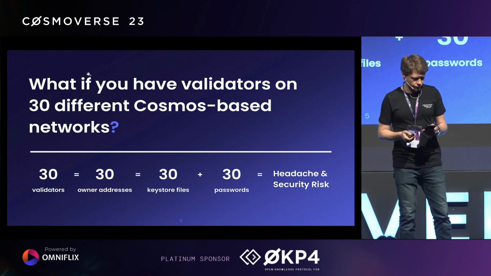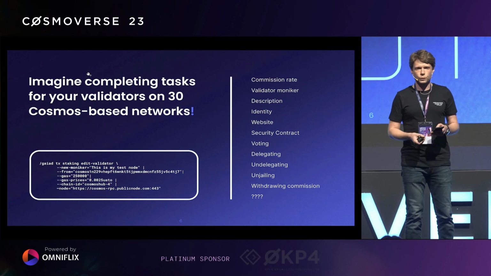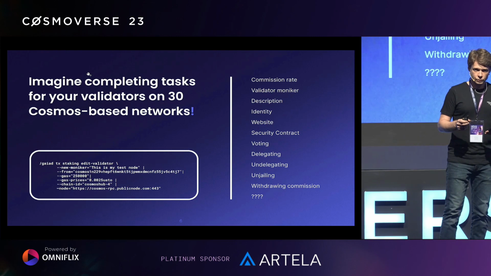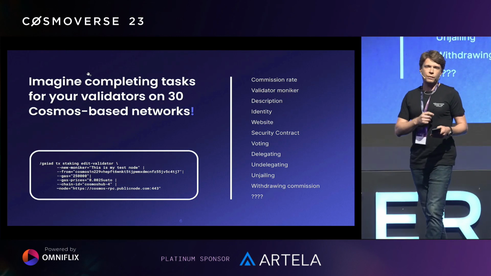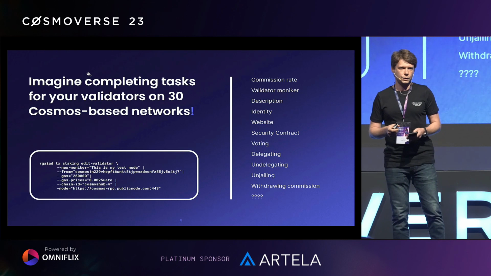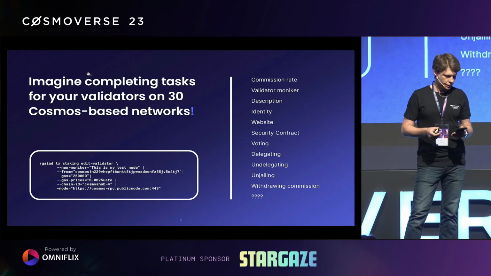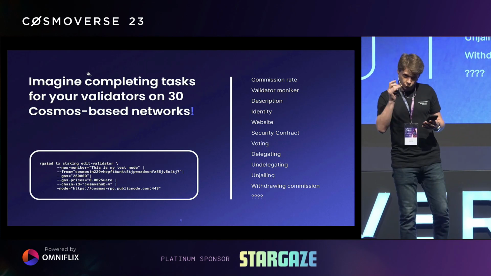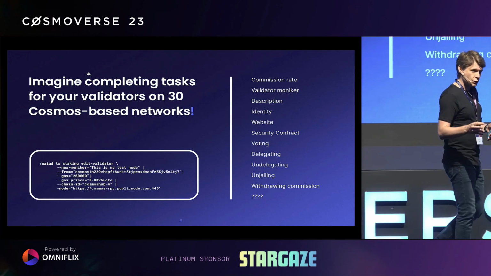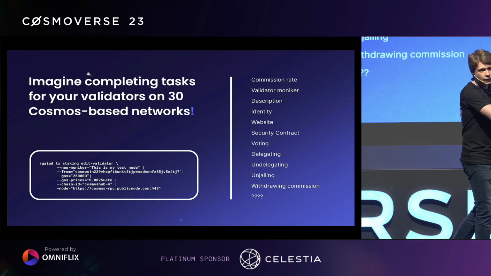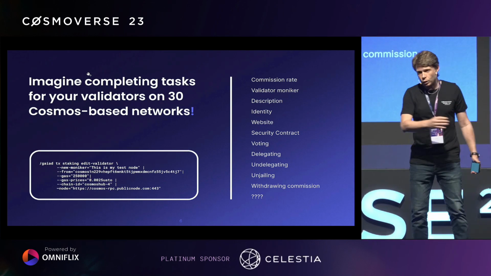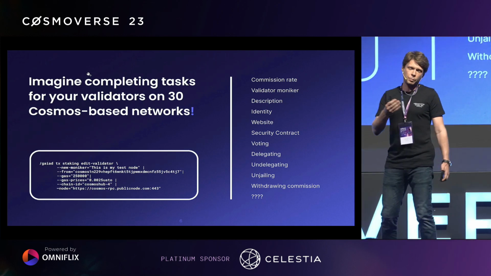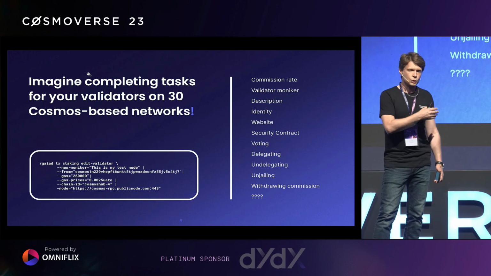It paints the picture. So the problem that we solve is one ledger for all the validator-related tasks that you need. Basically, delegate all validator-related tasks to that ledger, and from that ledger you will be able to manage all of your nodes on all of your Cosmos networks without even knowing the original mnemonic key.